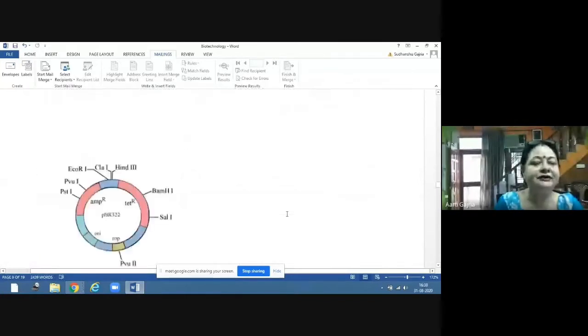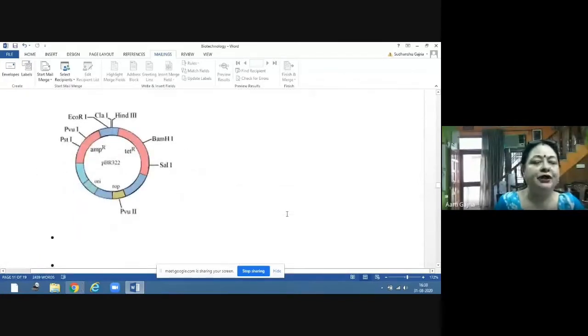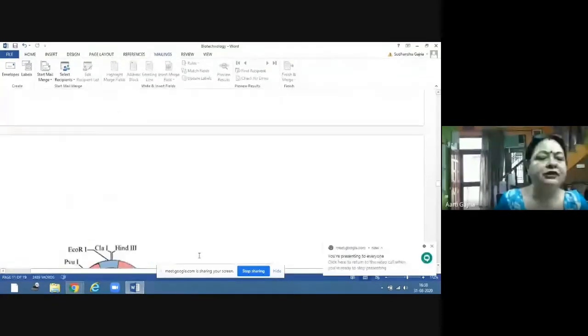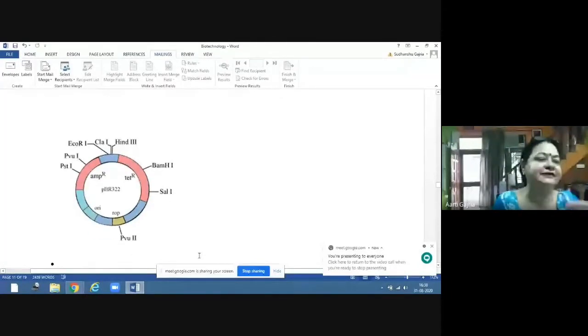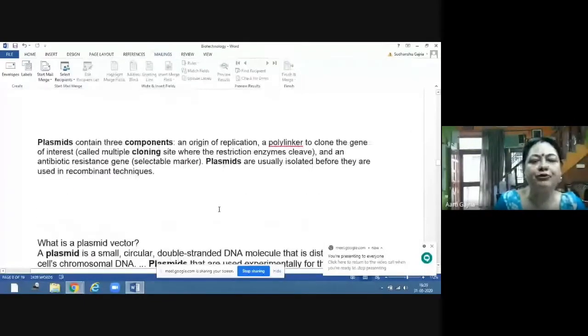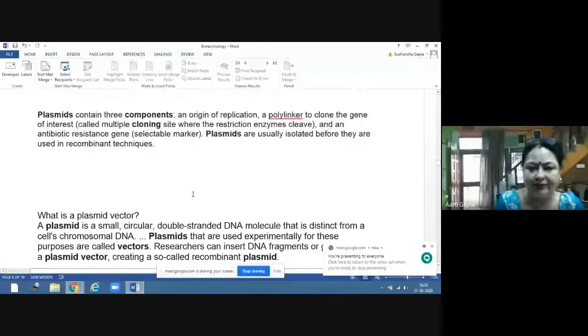This is the vector which is called PBR322. This PBR322 is the first artificially made vector. It has 3 components. First is the origin of replication.